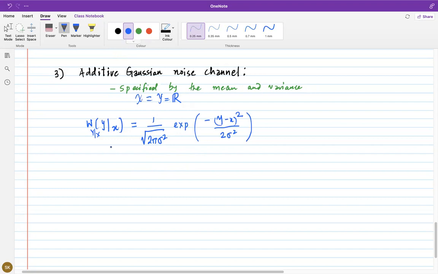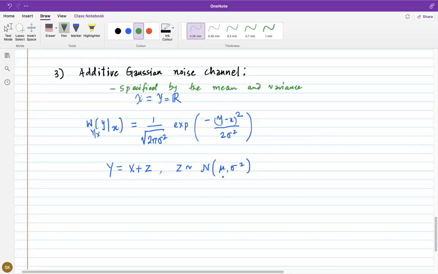And to understand this better, you should think of the output of this additive Gaussian noise channel to be simply input plus some noise. Note that this addition is actually in the real line, in the real field. And this noise is a random variable which is distributed as the Gaussian with some mean and variance sigma square.